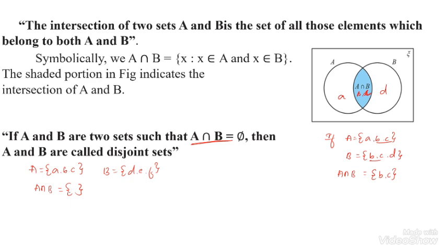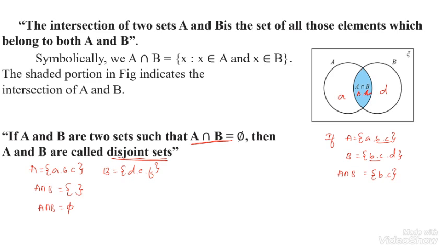I can write A intersection B equals the null set, where phi represents the null set. When such sets are given, A and B are called disjoint sets. If common elements are present, we get A intersection B. If there are no common elements, then they are disjoint sets.